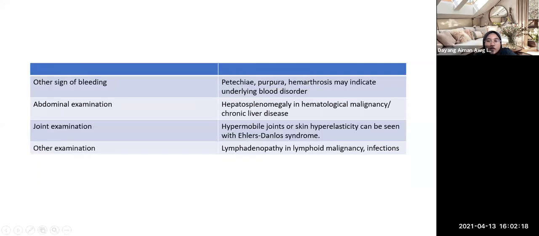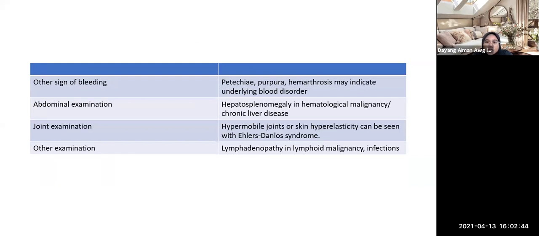And also we need to find any other sign of bleeding: petechiae, purpura, hemarthrosis in hemophilia. Abdominal examination: hepatosplenomegaly in multiple types of hematological malignancy. However, in ITP, immune thrombocytopenic purpura, hepatosplenomegaly is absent.